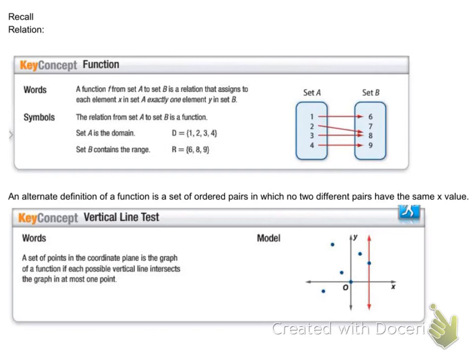A function, guys, takes it a little bit further. A function sits back and says, hey, if you want to be a function, it means that every output has exactly one input. Wait, did I say it wrong?